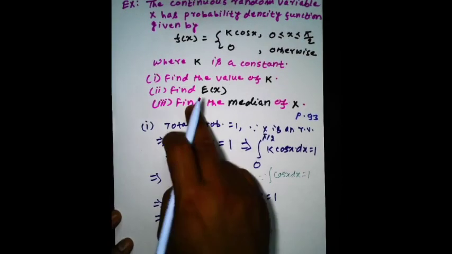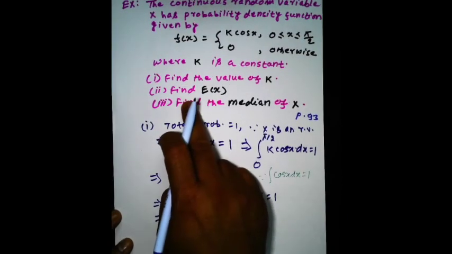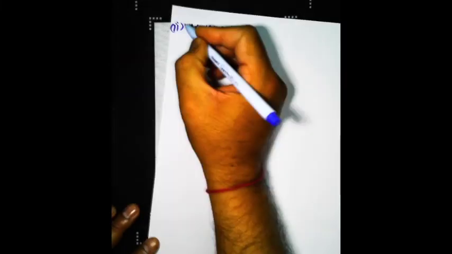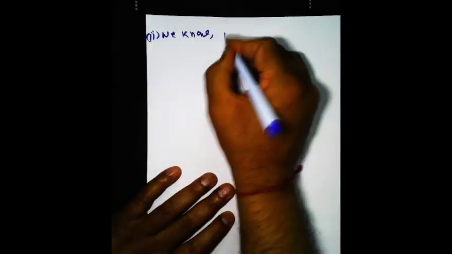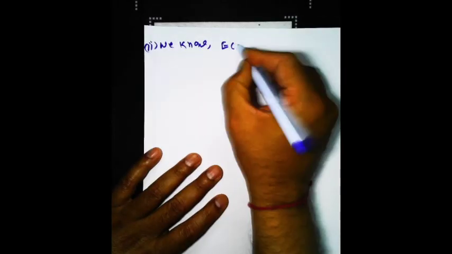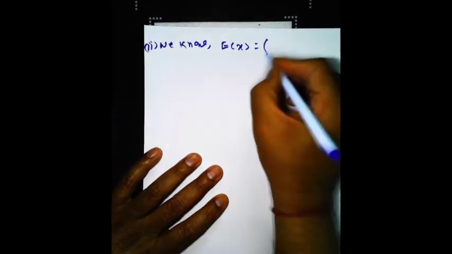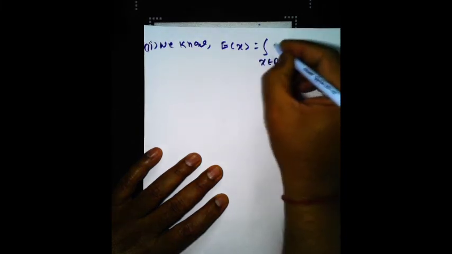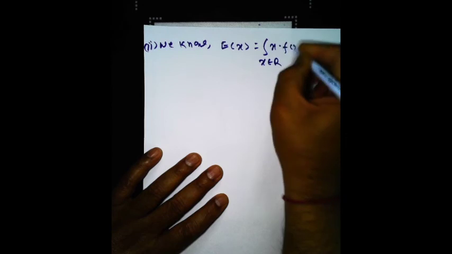Now in another part of this question, you have to find the expectation of x. So we are talking of the second part of this question. So we know that the expectation of x, for the given range of values of x, where x belongs to R, real numbers, is the integral of x f(x) dx.